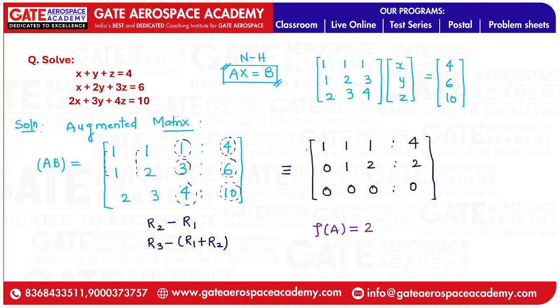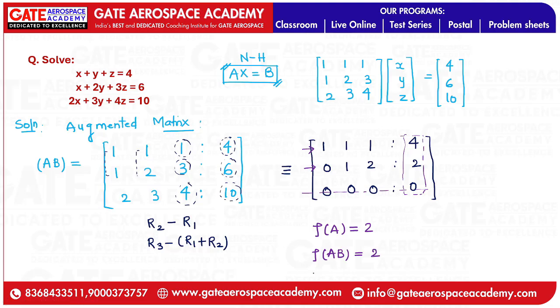See, non-zero rows: this one first, this one second. Now the rank of [A | B] is also 2. Why? Because for the augmented matrix you considered this also, and the last row is 0 only.